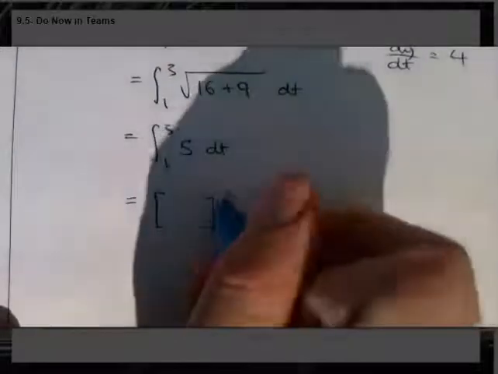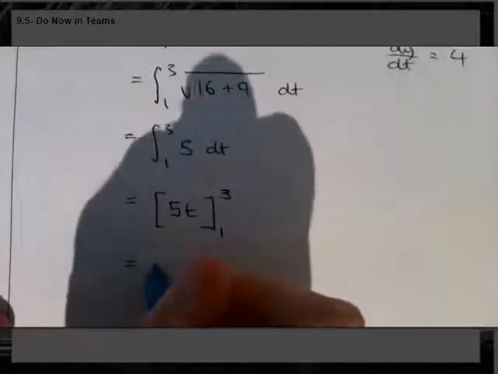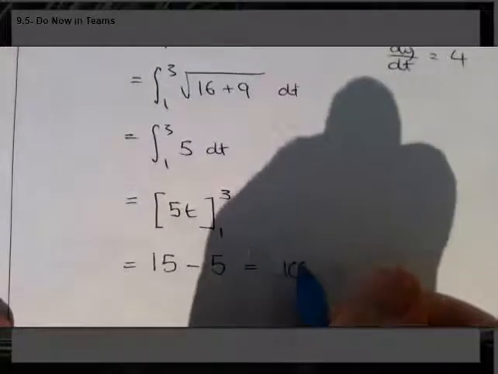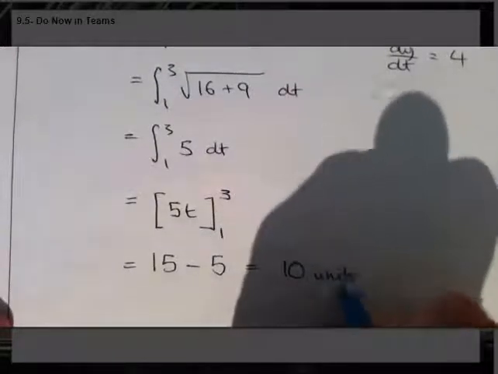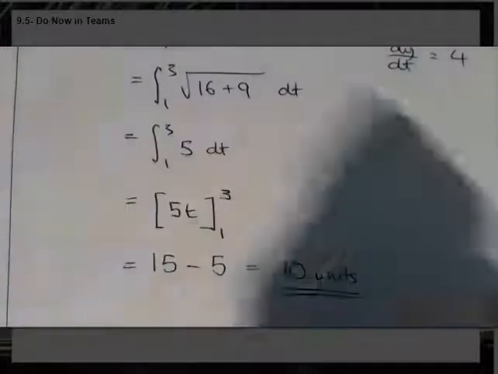So a definite integral, moving to the right hand side, between 3 and 1 of 5t, which means we have 15 take away 5 when I substitute in, so we have an arc length of 10 units, or 10 meters if it were in context. So kind of straightforward. We apply this formula we already knew in a new context and we work out the length of an arc.